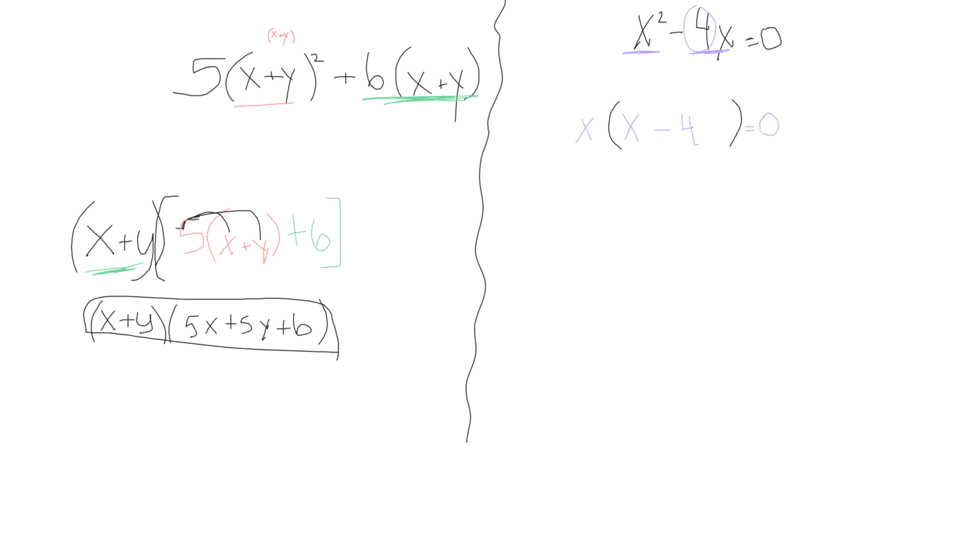I set both factors equal to 0. I have x equals 0 and x minus 4 equals 0.